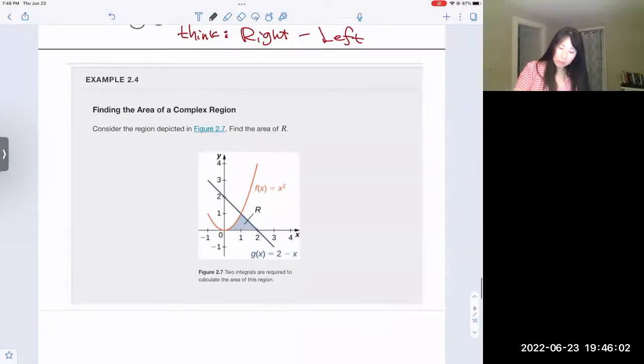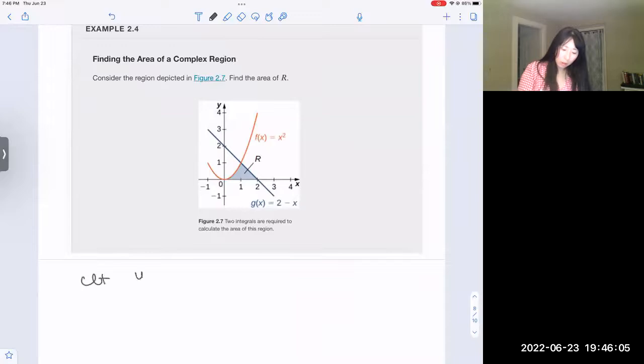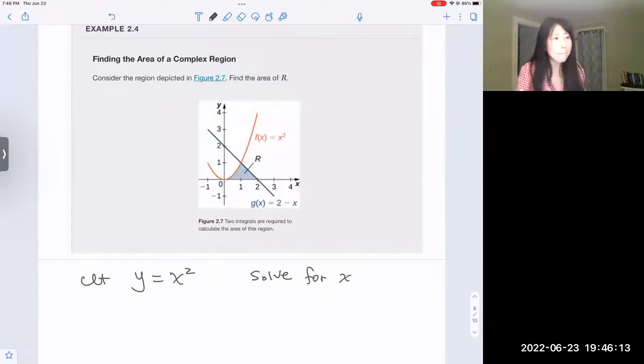Let y equal x squared and solve for x. How do you solve? You take the square root of both sides. So we say plus or minus on the other side, but in this case we need the upper part, so we take only the positive. So we have positive square root of y equal to x, right?